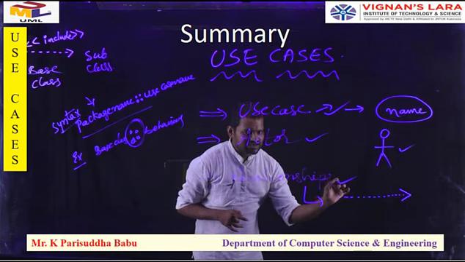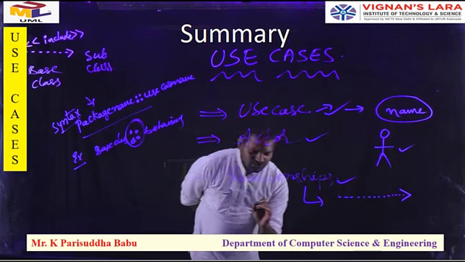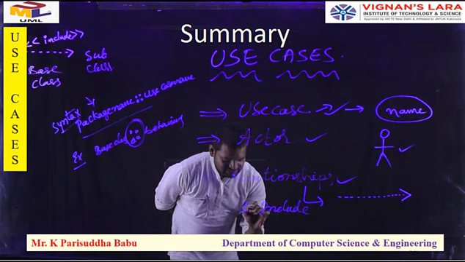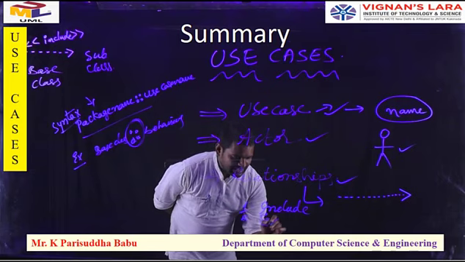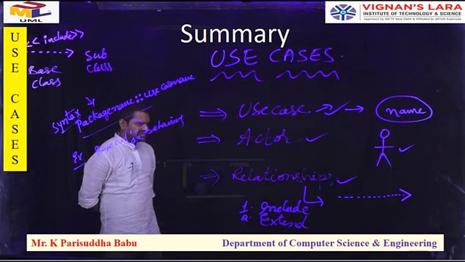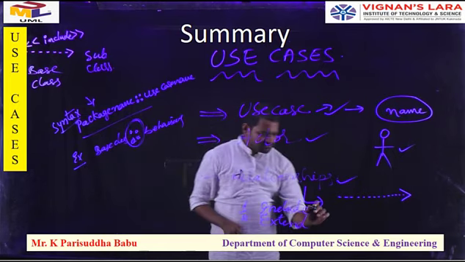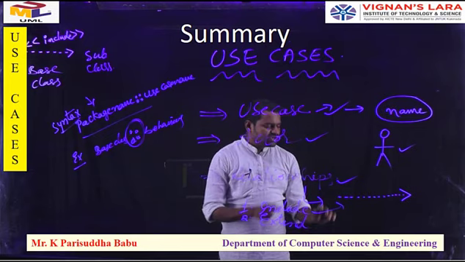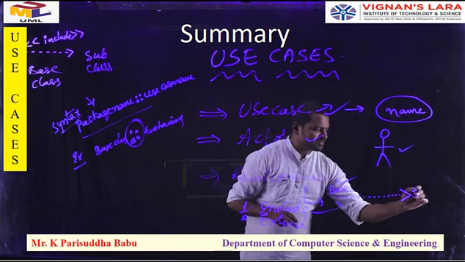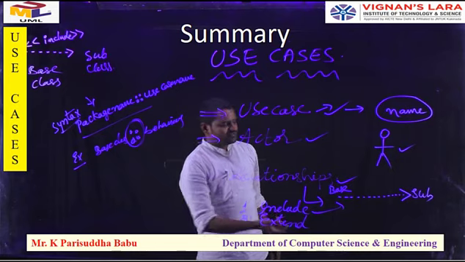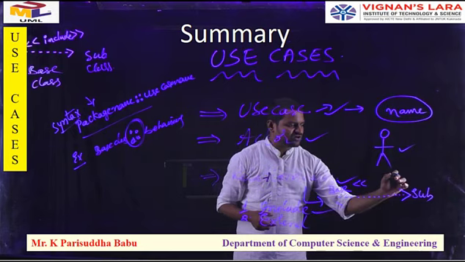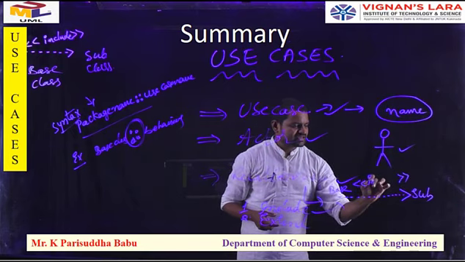In this dependency relationship, we use the include relationship first, and the extend relationship second. The include relationship is used, for example, where the left side is the base use case and the right side is the included one, drawn from left to right with the stereotype symbol include in between.